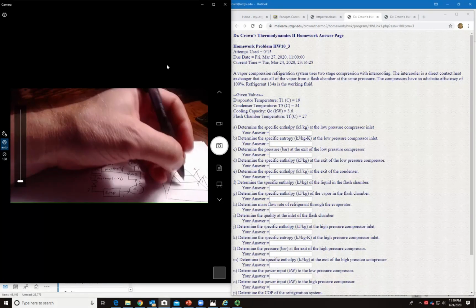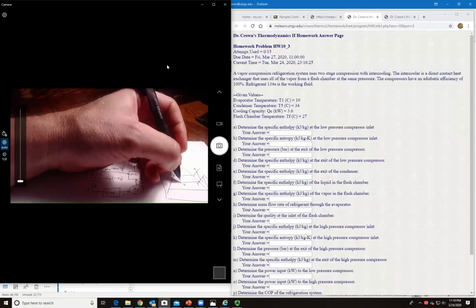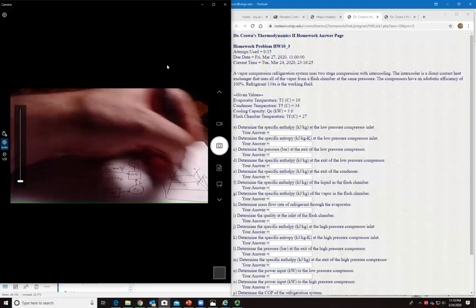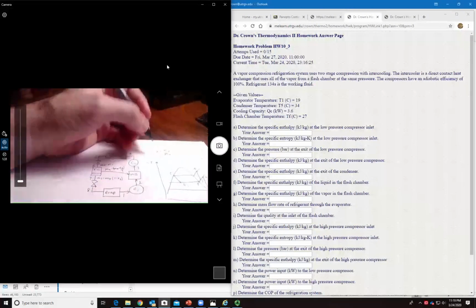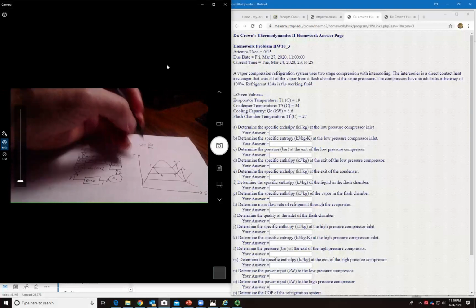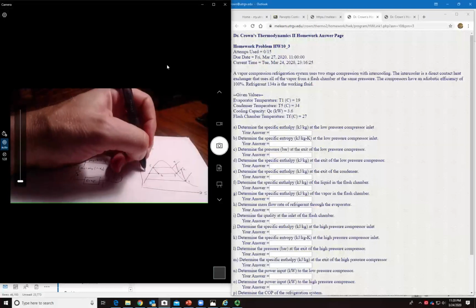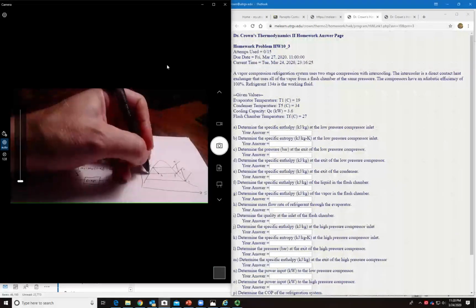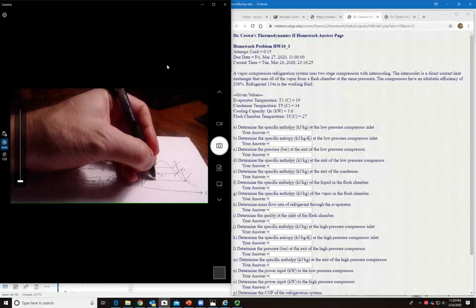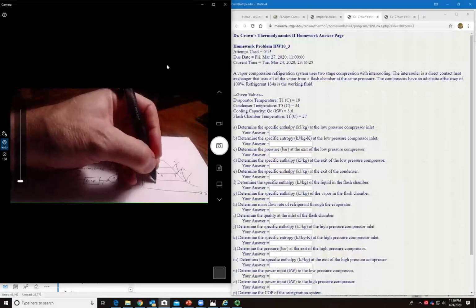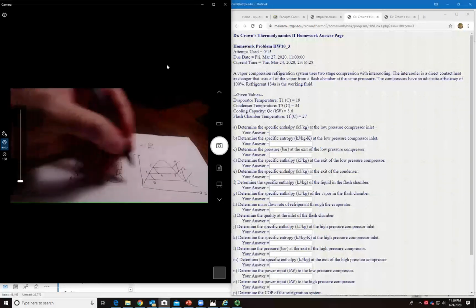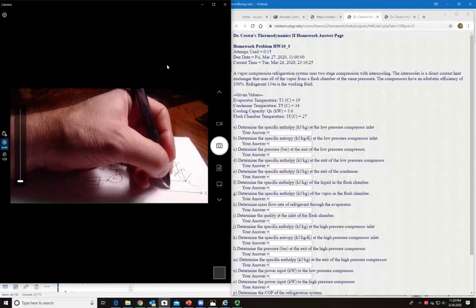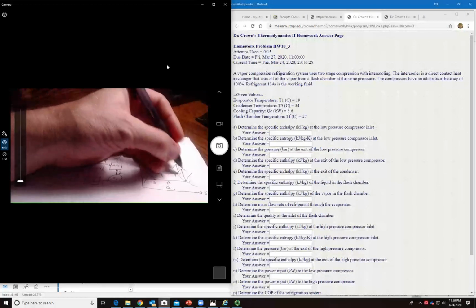It drops to state 6, which is at the same enthalpy as state 5. This is a temperature entropy diagram. Then state 7 is the liquid that comes out of the flash chamber. That expands at constant enthalpy to state 8, and that's what goes through the evaporator. So here's the evaporator. So that's where our Qin is. Of course, we have work in there and there.